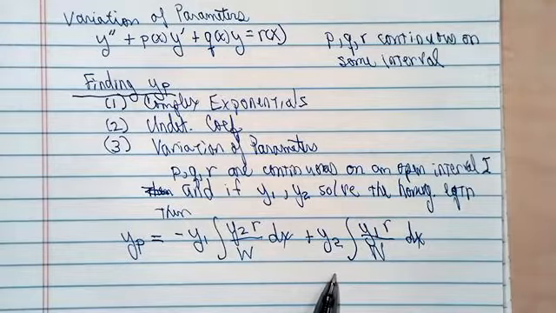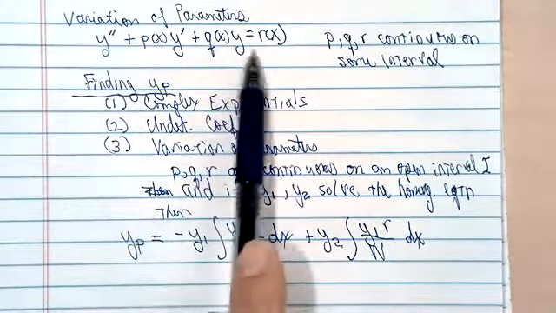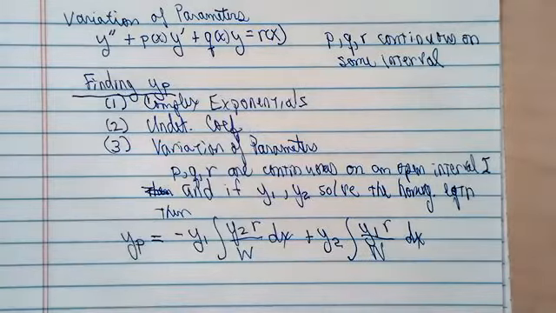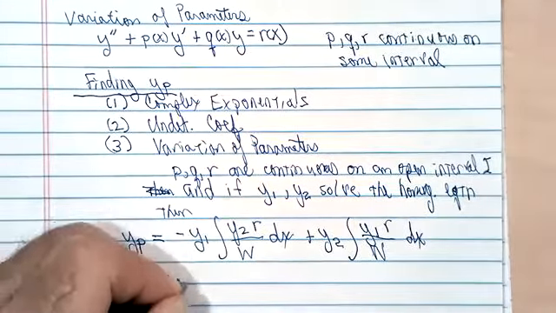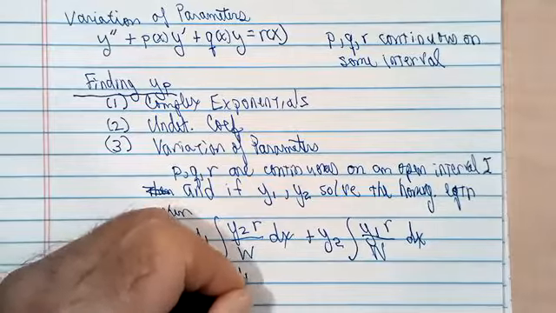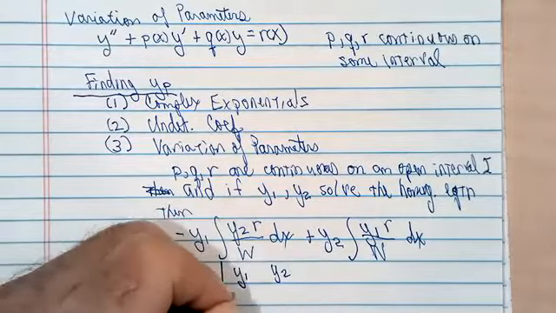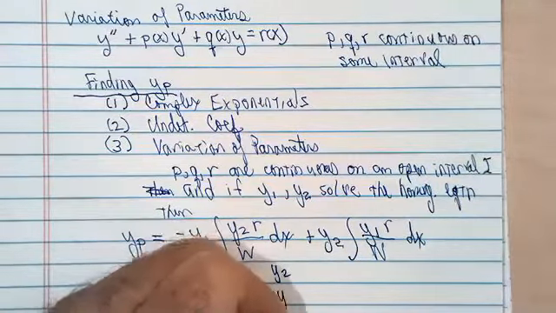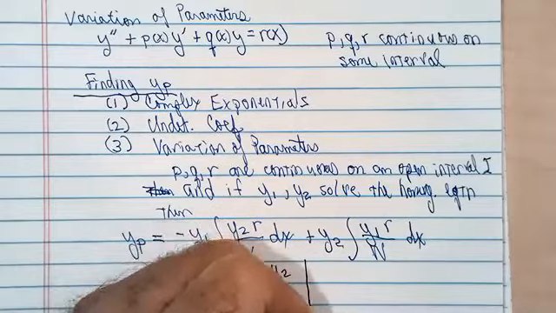And if you can get a particular solution and the homogeneous solution, then you can solve the equation. Now, in practice, this can be quite challenging. Oh, by the way, I better write down in the formula what we mean by W. It's y1, y2, y1 prime, y2 prime, take the determinant.